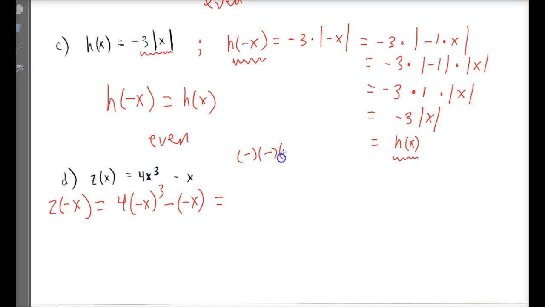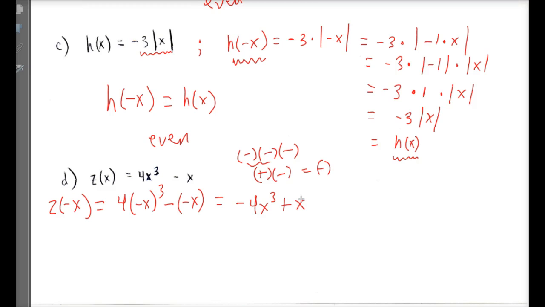And that's mainly because here we know that a negative times a negative is a positive, and a positive times a negative ends up being a negative. So here this would end up giving us a negative 4x cubed. And of course, subtracting a negative number is the same as addition. Okay?